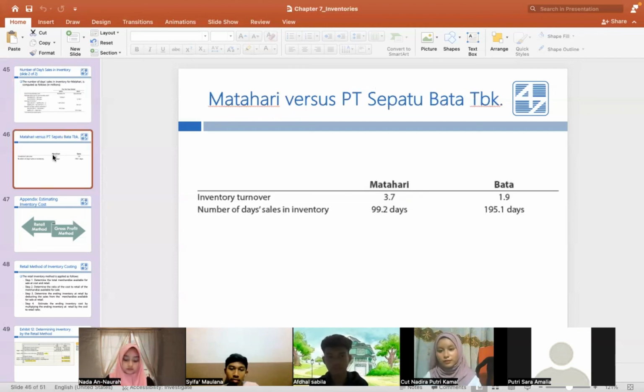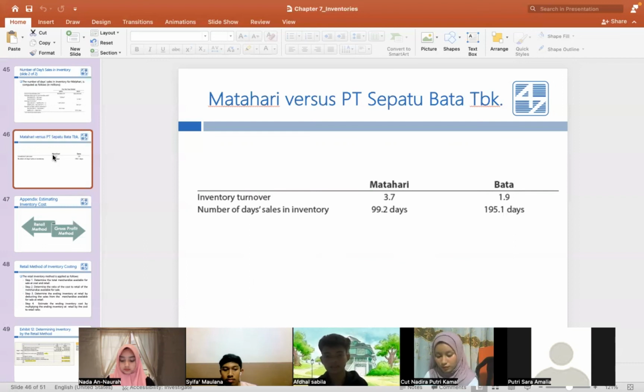This is an example of inventory turnover and number of days sales in inventory from Matahari and Bata. And in these slides, we can get the conclusion. The good firms have the best inventory stability and have stock of goods in 1 year. That's what we got in Matahari.